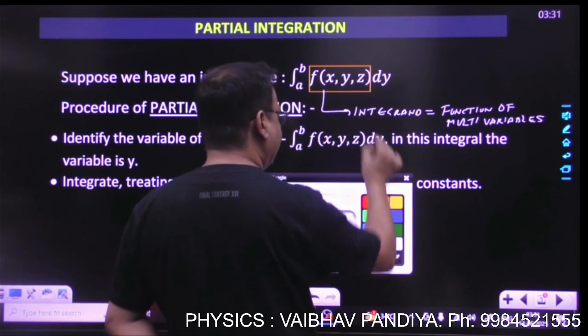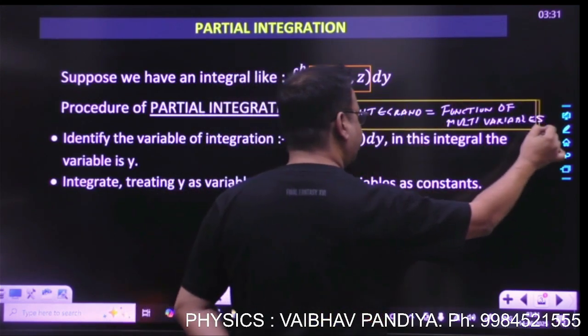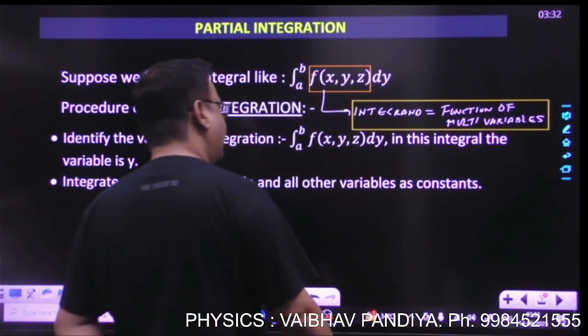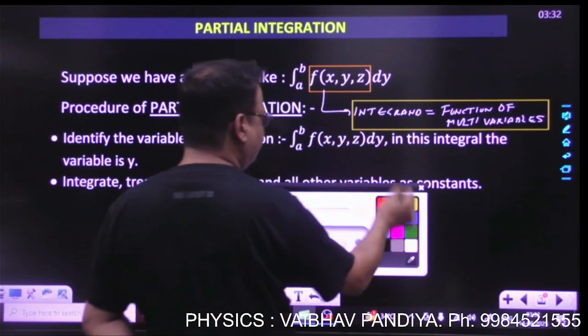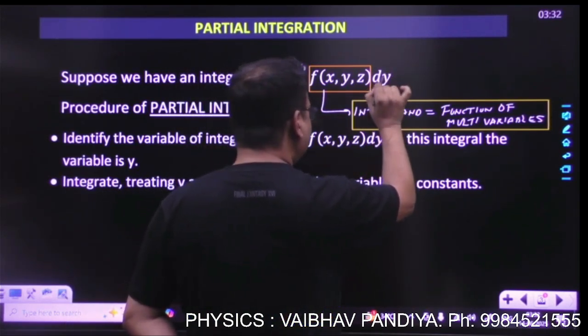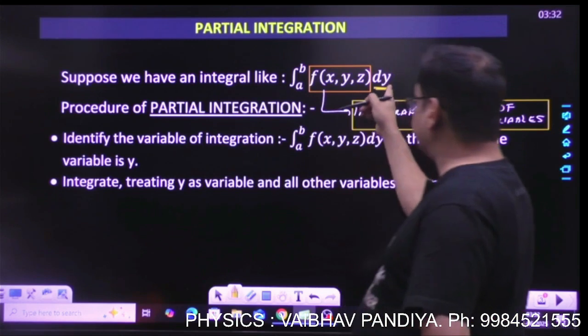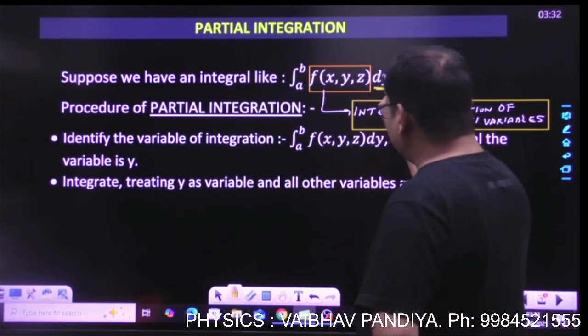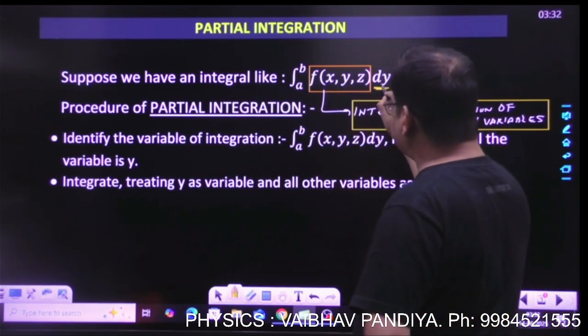It can be anything, it can be an algebraic function, it can be a trigonometric function, okay? And here we are writing dy. So this is making the element, the variable of integration is y, correct? When you are writing dy, it means you are integrating with respect to y.